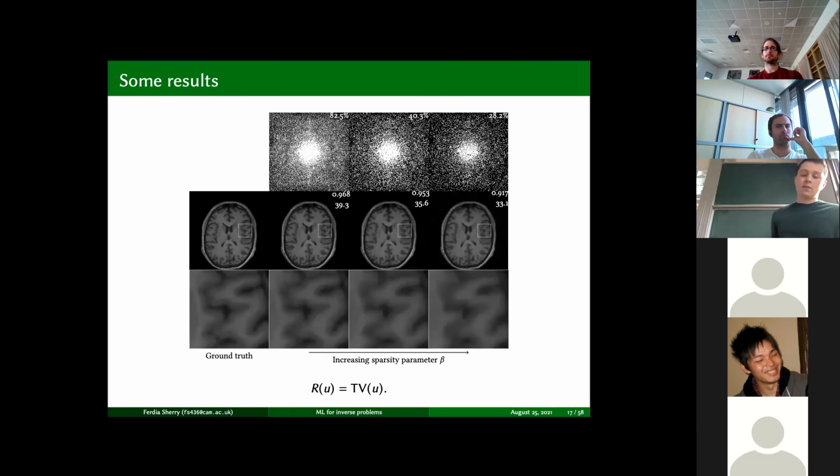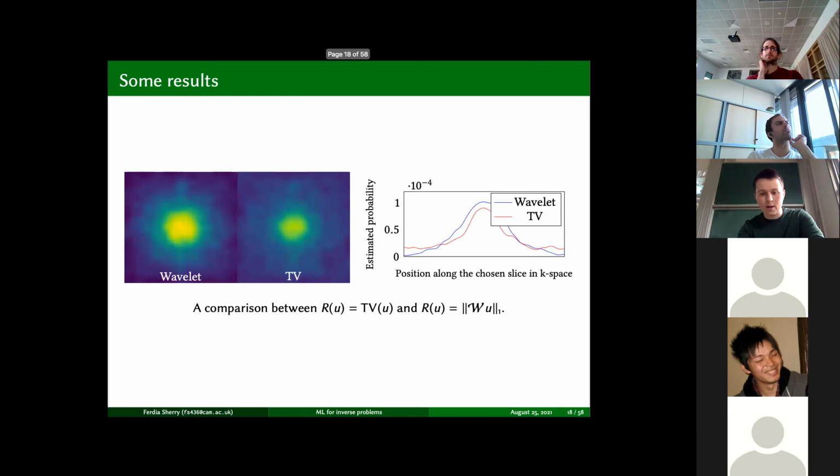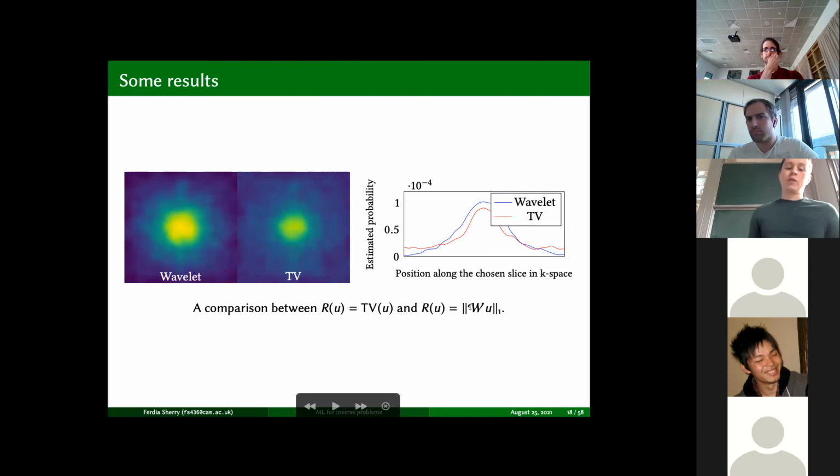Then you run this, and it takes a while to run, but you get some very nice results out of it. The nice thing is, here we're comparing two standard regularizations used in compressed sensing: total variation, which I mentioned before and which encourages piecewise constant images to some extent, and a wavelet sparsity penalty, which is well known from compressed sensing.